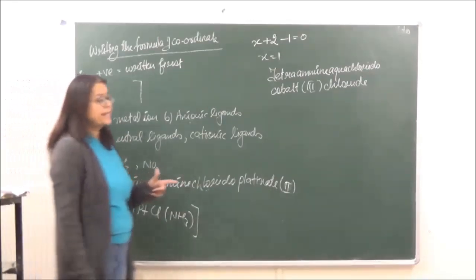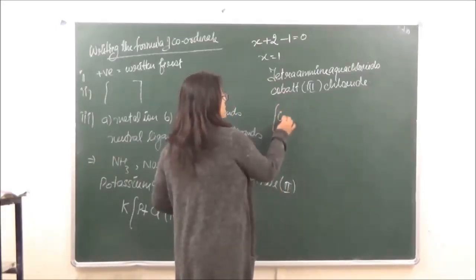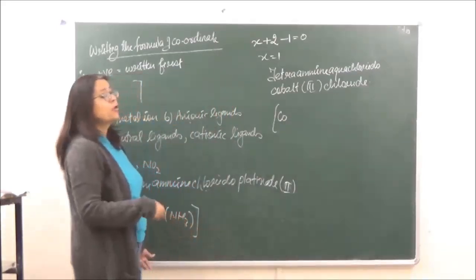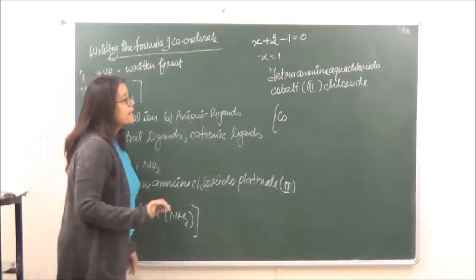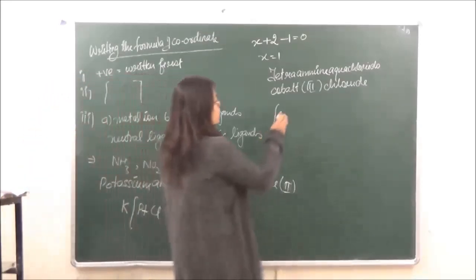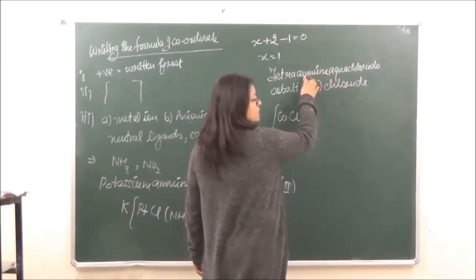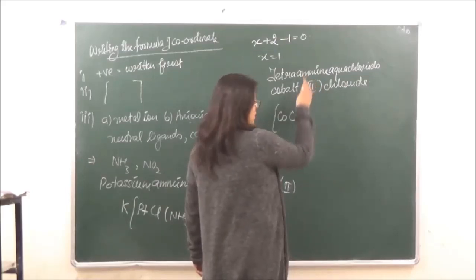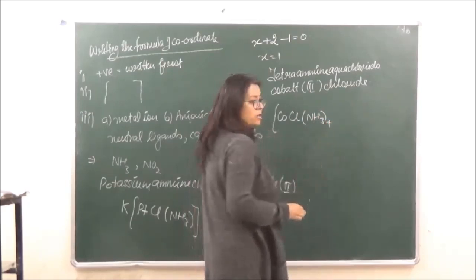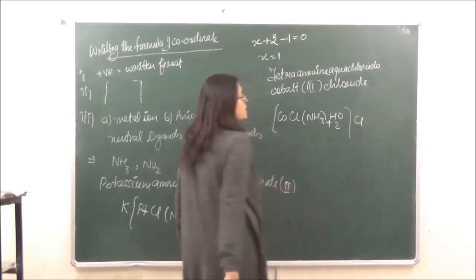So पहले आप coordinate entity यहाँ पे formulate करोगे inside the bracket. The metal atom which is present is cobalt. We have tetraamine, aqua and chlorido. अब यहाँ पे tetraamine, amine and aqua they both are neutral ligands. Anionic ligand कौन सा हो गया? Chlorido. Amine और aqua में we will first place amine according to alphabetical order. So we have tetraamine, NH3 whole 4, and then aqua, H2O, and the counter ion is chloride.